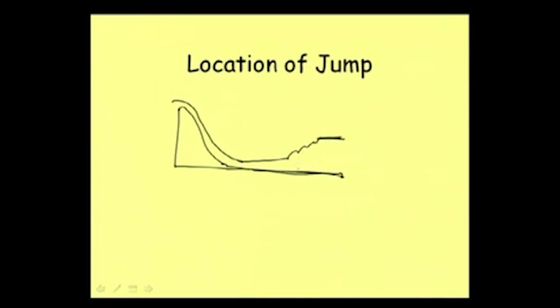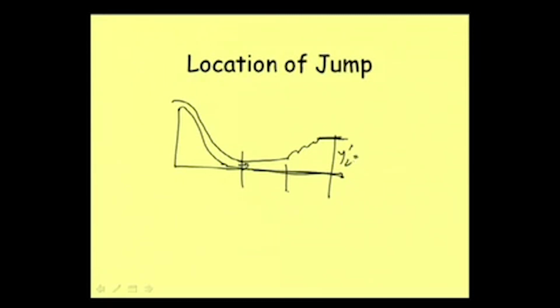So location of hydraulic jump, where it will occur, how can we determine? Say we have this y2 dash, tailwater depth, and first we need to see if this flow is supercritical. If the upstream flow is supercritical, then only hydraulic jump will be forming, and at downstream of course we will have to have subcritical flow.